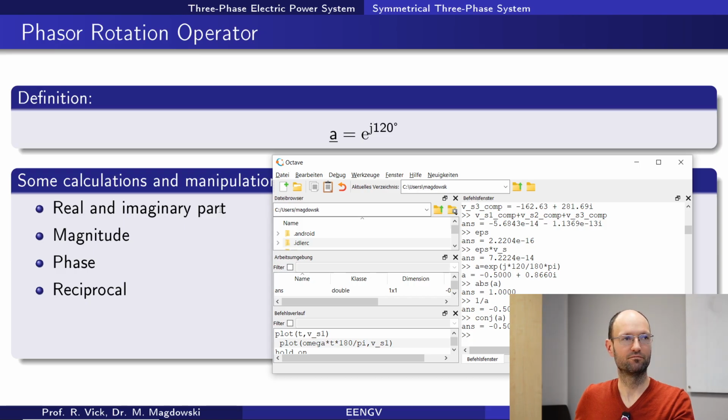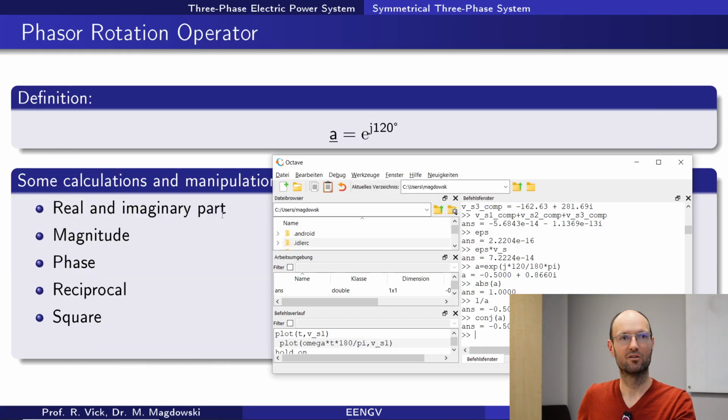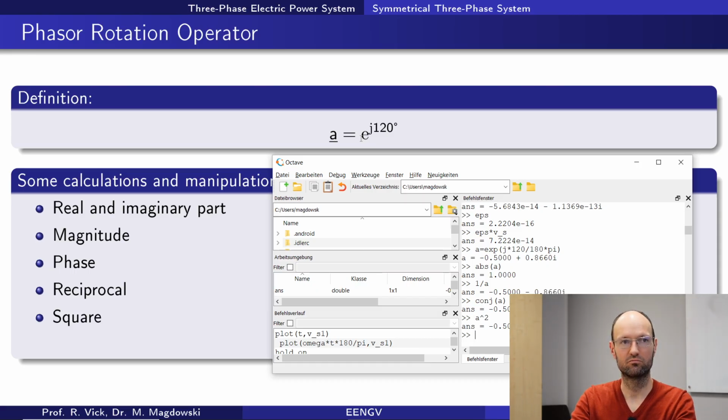Okay, so then what would also be interesting is what happens if we take the square of this. If we take the power of a power, we multiply the exponents, so we should get 2 times 120, 240 degrees. So if I take a squared, we get something like this.